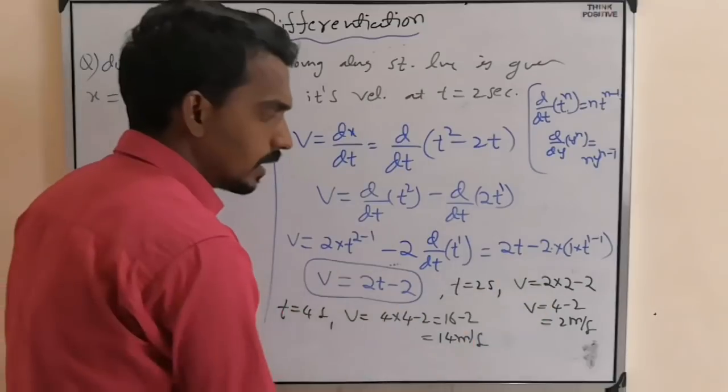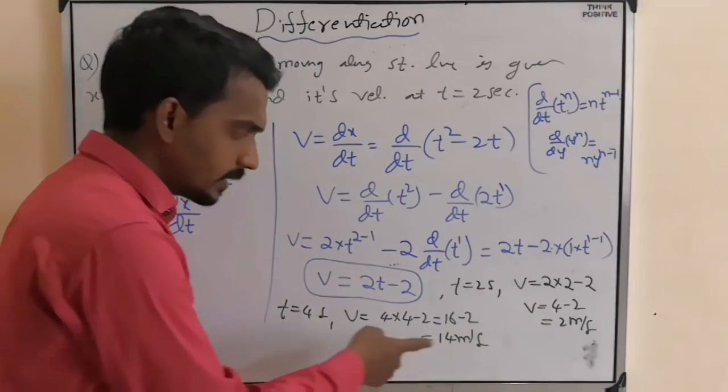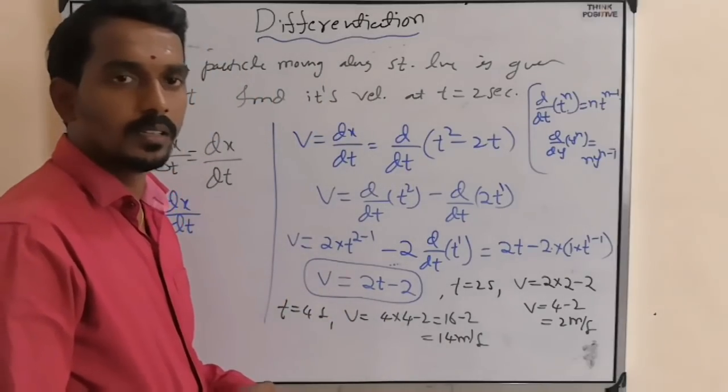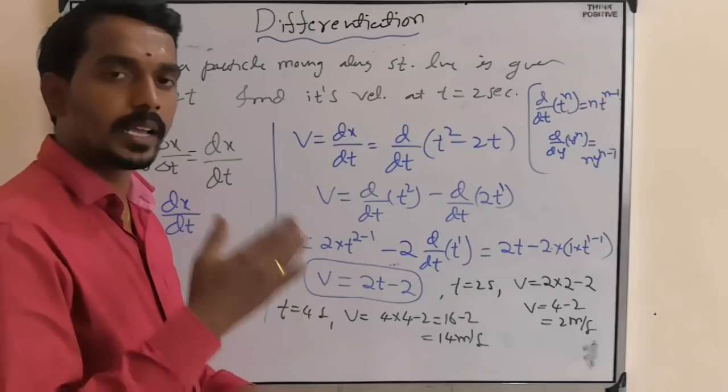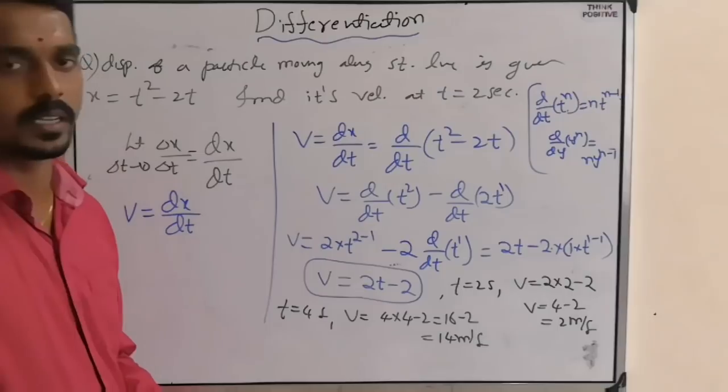So at 2 seconds it is covering only 2 meter in 1 second. But at 4 seconds it is covering 14 meter in 1 second. That is called the instantaneous change in displacement at a particular instant.